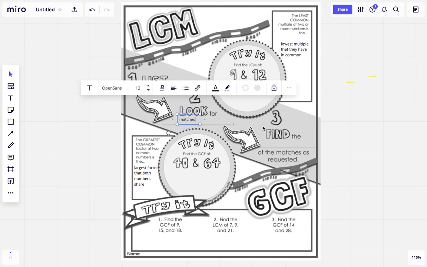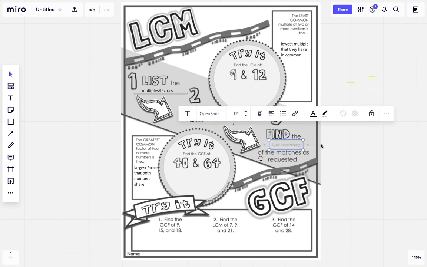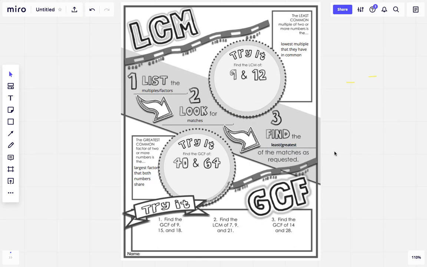We look for what they have in common. And finally, we find the least or the greatest, depending on which we're finding. So for finding the least common multiple, we're looking for the least number, the smallest number. And if we're looking for greatest common factor, we're looking for the greatest number.